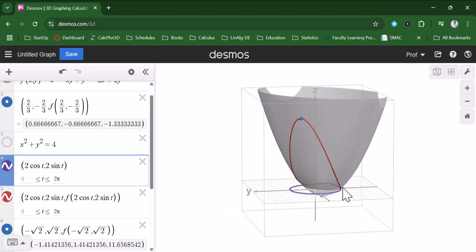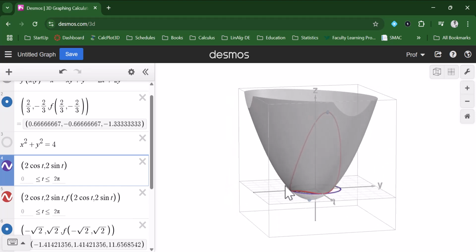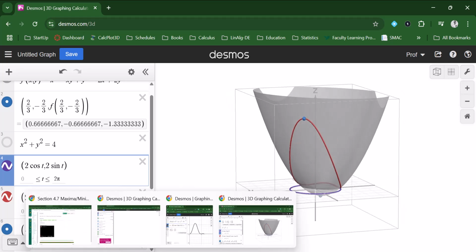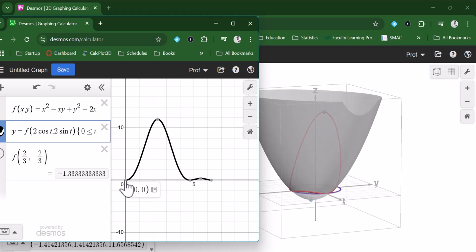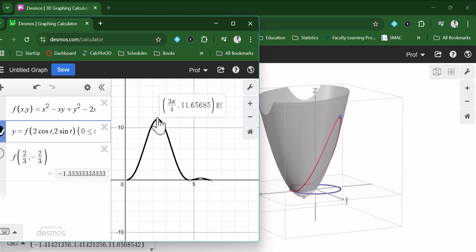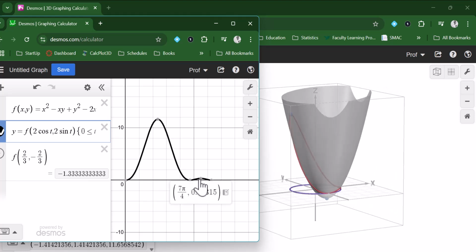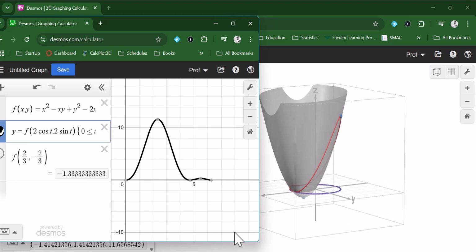And as we go around in the circle, it touches down at the xy plane, goes up a tad bit, and comes back down. So if we see that and compare it to this, we can see starting from 0 right here, going up to the top, coming back down, touching the xy plane, going back up a little bit, and then coming back down again, touching the xy plane.